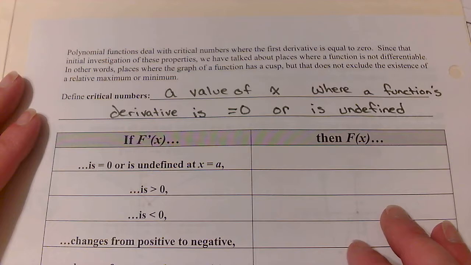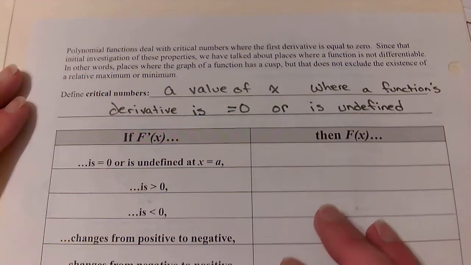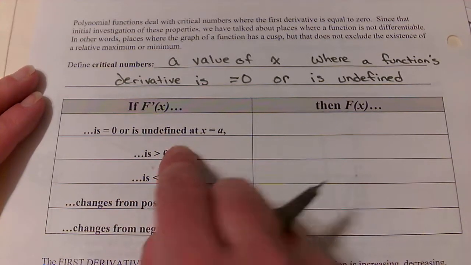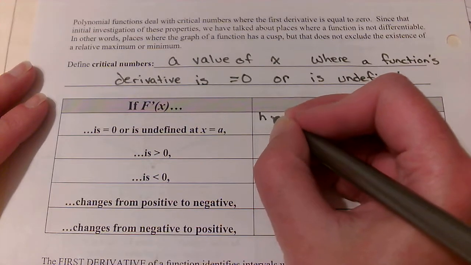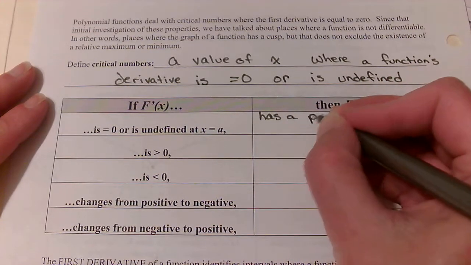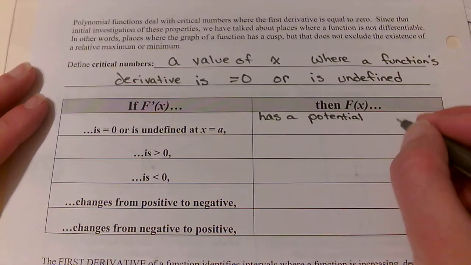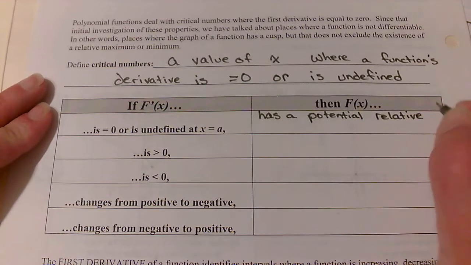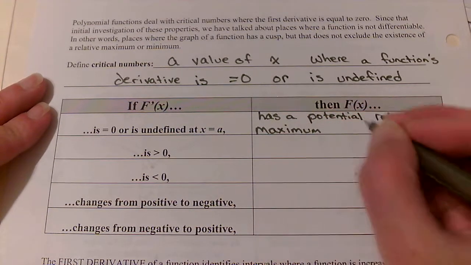Critical points are when you're going to have a potential max or min. So anytime we know the derivative is 0 or undefined, at that point there is a potential relative maximum or minimum.